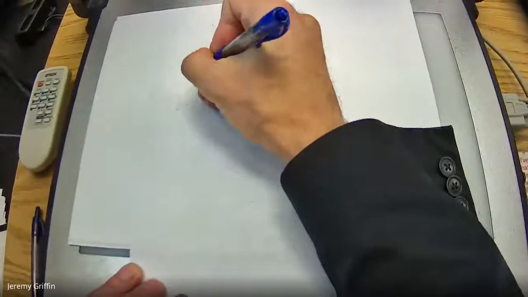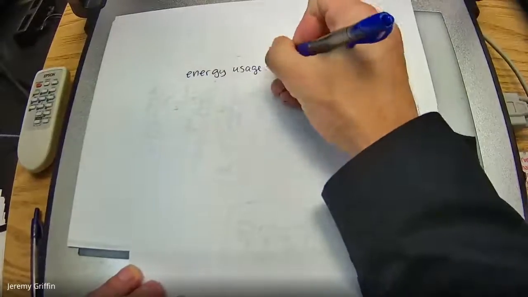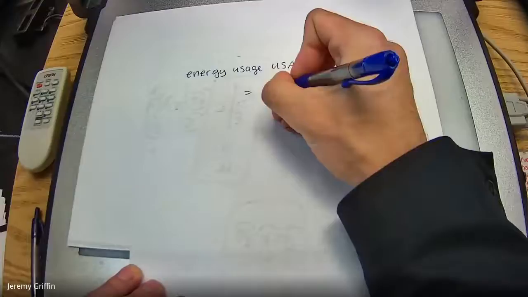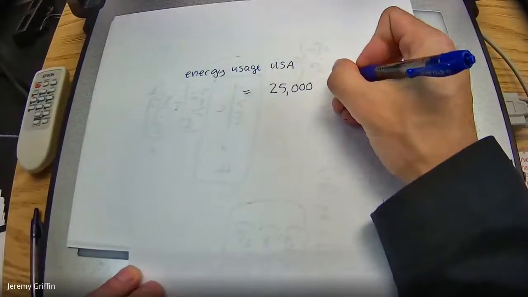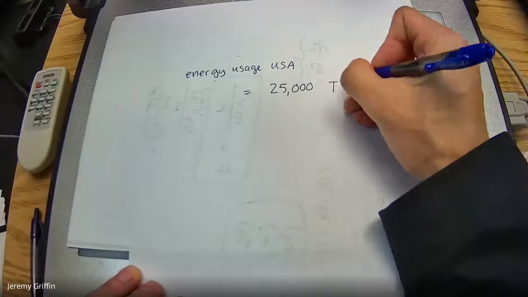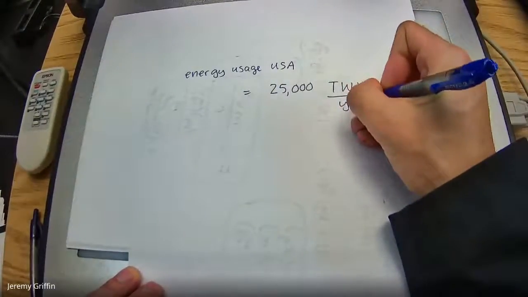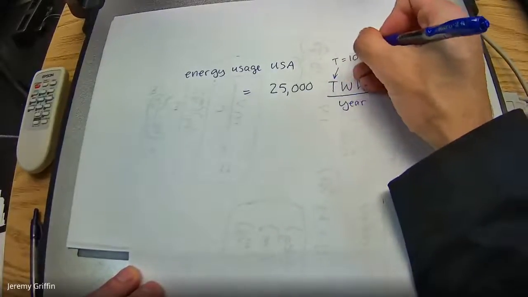Let's say that the energy usage of the USA is equal to 25,000 terawatt hours per year. So tera, you guys know, is 10 to the power of 12.